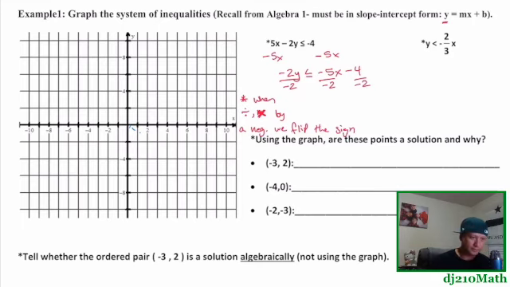Okay. So that means the -2's cancel. We have y. And we had less than or equal. So we need to flip that to greater than or equal.